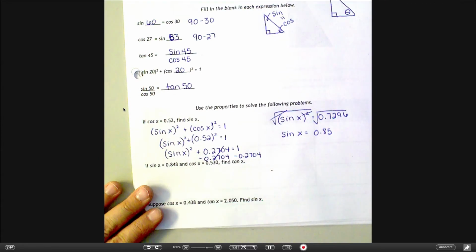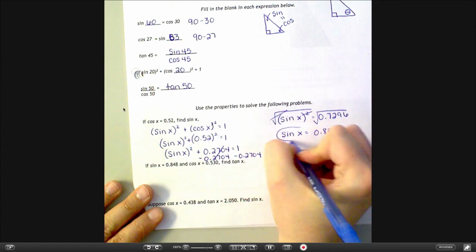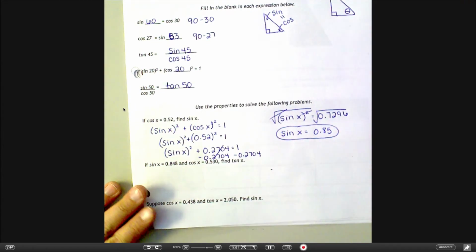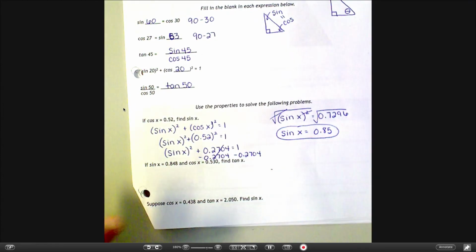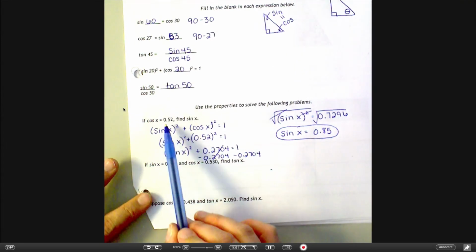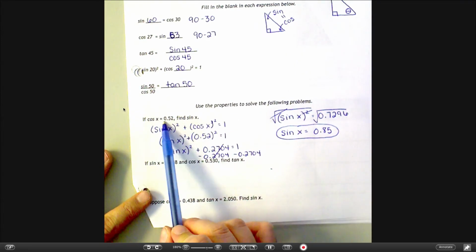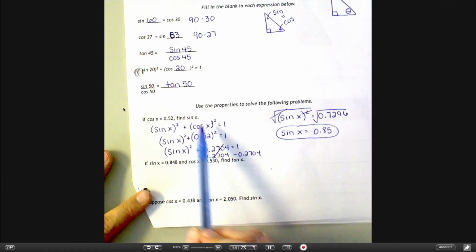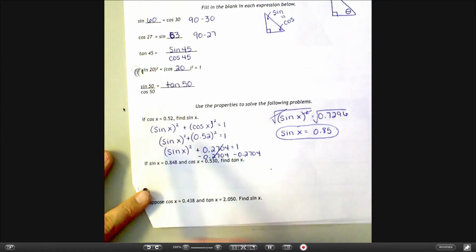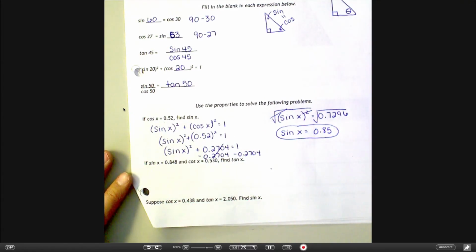Okay, sine of x is equal to 0.85. So it's just like doing the Pythagorean theorem, where if I gave you this as like your a in Pythagorean theorem, and then I told you c squared was just a 1, you're just solving like you would in Pythagorean theorem. Okay?